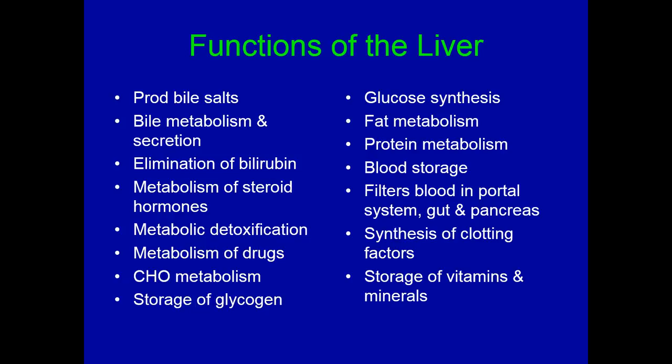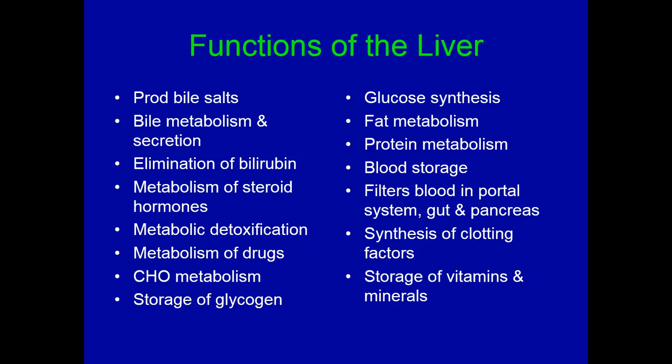Metabolism of steroid hormones, really important. So steroid hormones are your fat-soluble hormones. We said detoxification, metabolism of drugs. We talked about glycogen and blood sugar regulation, fat and protein metabolism and synthesis, blood storage, blood filtration we talked about.